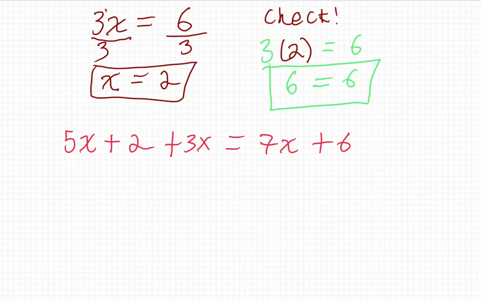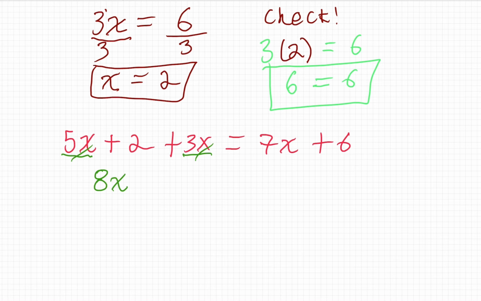First thing we need to do is, on the left side here, you notice that we have the 5x and then we have the 3x, right? Those two are like terms, okay? So we want to put them together. Here we're going to have 5x plus 3x, which is 8x.